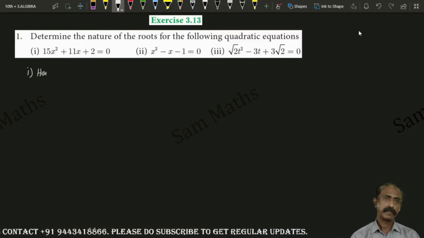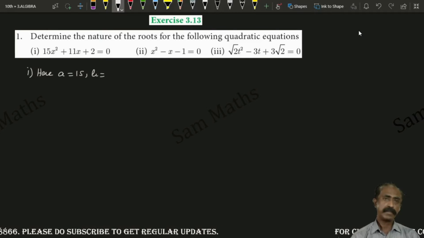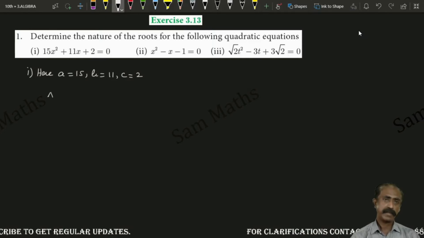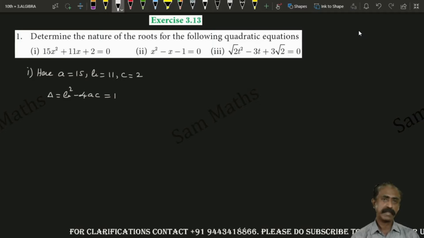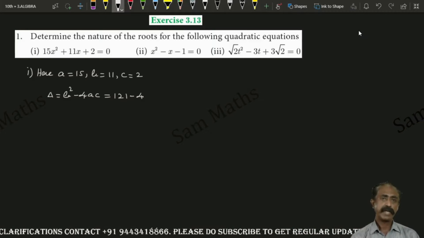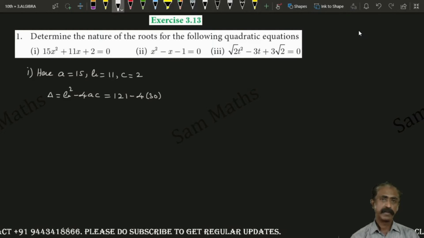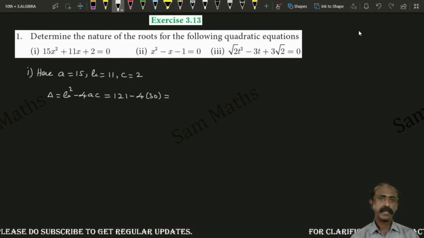Here, a is equal to 15, b is equal to 11, c is equal to 2. Therefore, delta is equal to b square minus 4ac, equal to 11 square, which is 121, minus 4 into 15 into 2, that is 30, which is equal to 121 minus 120, equal to 1.